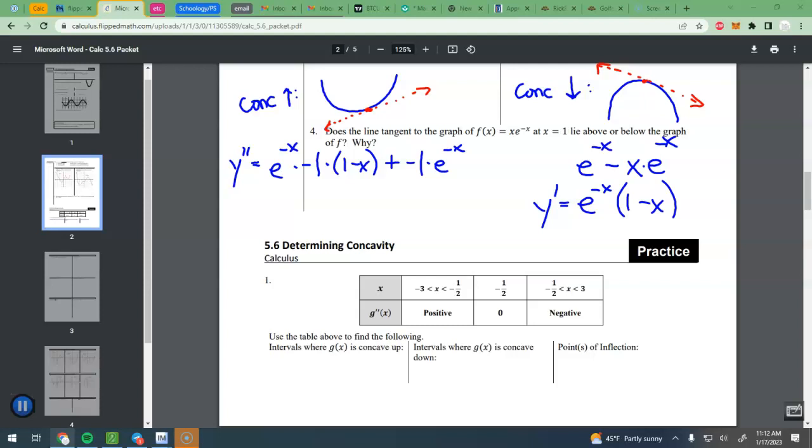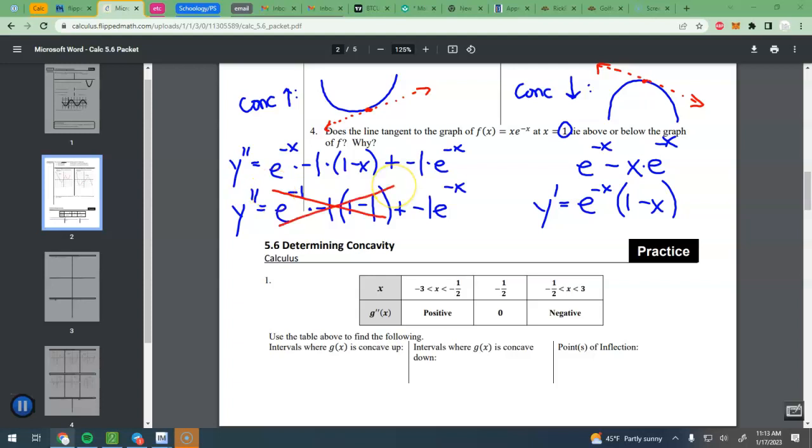Is there any benefit in simplifying this? My job is just to find out if this is positive or negative when x equals 1. So simplifying takes time. I might screw it up. I'm going to plug in 1 now before I screw it up. Because what's 1 minus 1?